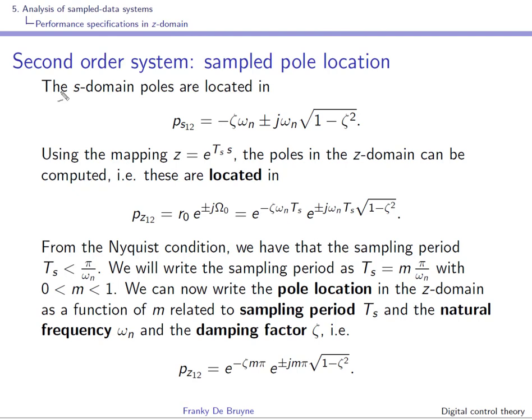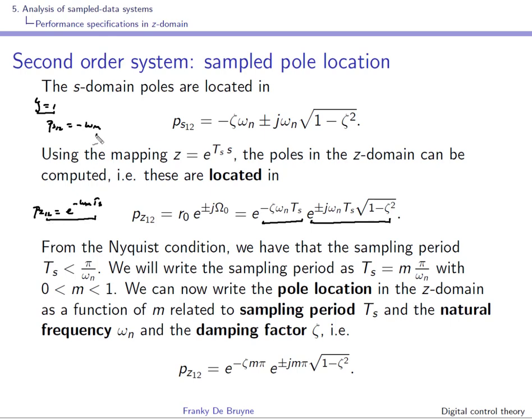Well, notice that when zeta is equal to 1, then you have a double pole in minus omega n. So in discrete time you'll also have a double pole, which will be 1 obviously, and so you'll have a double pole in the exponential of minus omega n Ts, right?